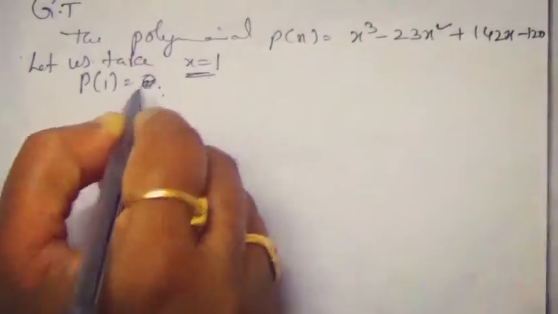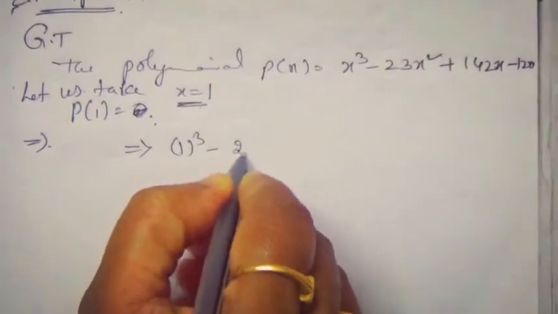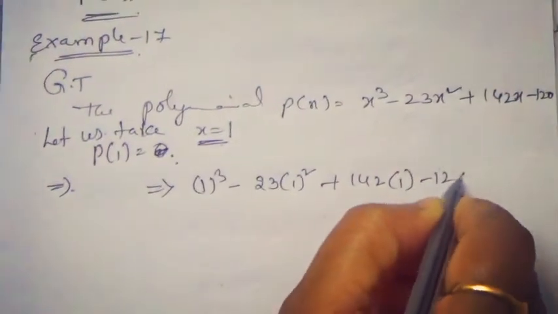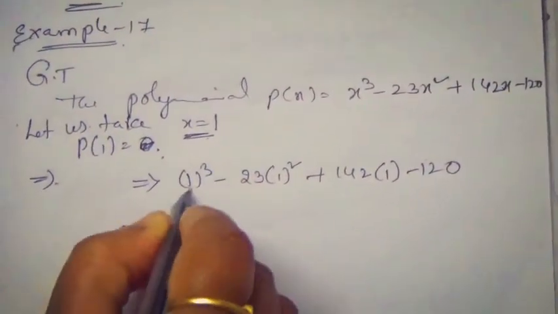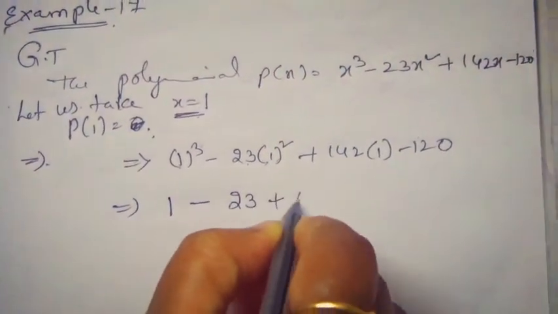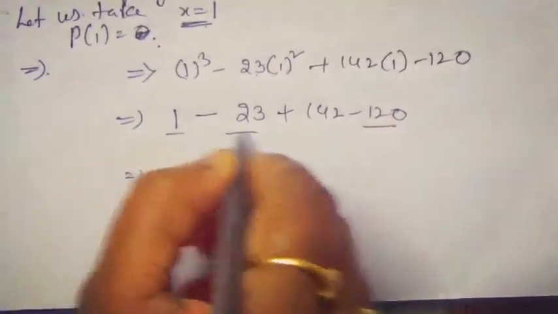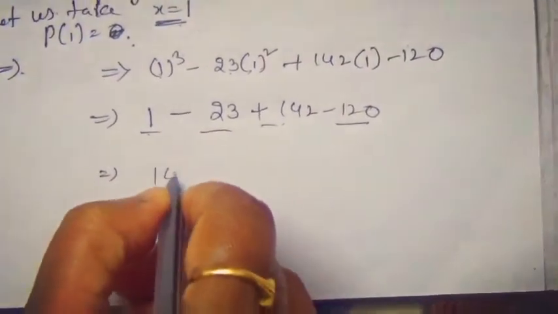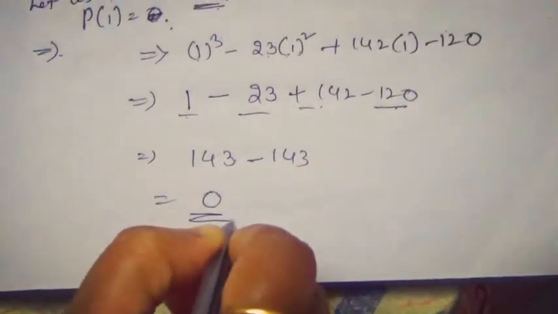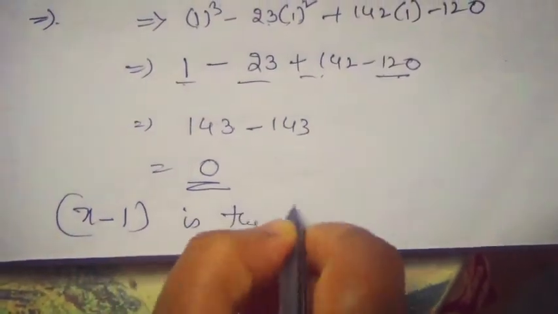That implies p of 1 is 1 cube minus 23 of 1 square plus 142 of 1 minus 120. That implies 1 cube means 1, minus 23 into 1, plus 142 minus 120. These two are negative numbers and these are positive numbers. 1 plus 142 is 143, and the addition of these two negatives is minus 143. You will get 0. Hence x minus 1 is a factor of p of x.